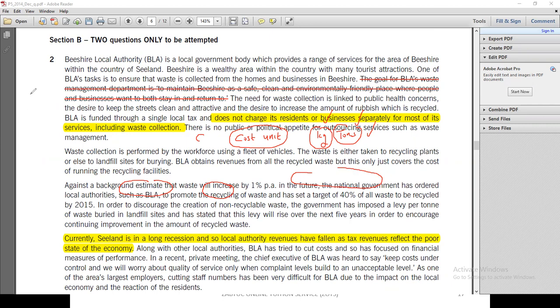This question is common, and I think it's important to use some of these questions to prepare for an exam. If you're preparing for an exam on value for money, this is one of the good questions to go through.